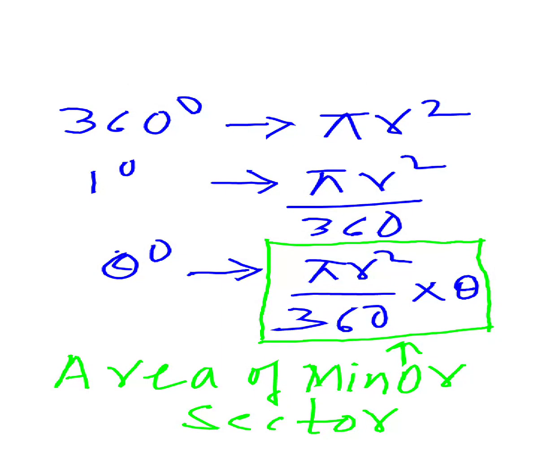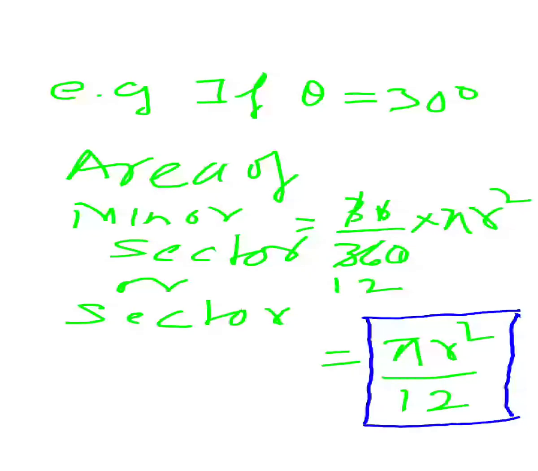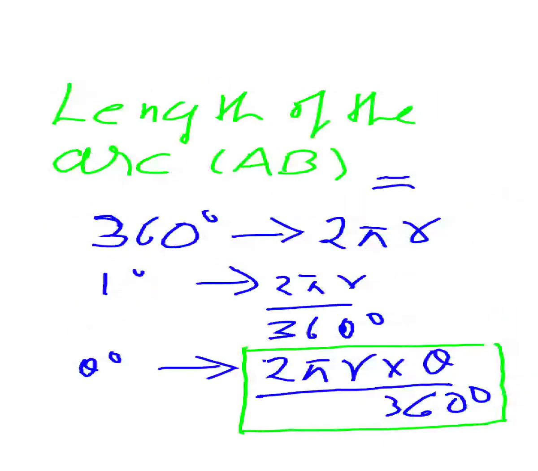This is the area of the minor sector. Similarly, if it is 30, then we have shown pi r square by 12. The length of the arc AB goes the same way: for 360 it is 2 pi r, the whole perimeter. For 1 degree, 2 pi r divided by 360, then for theta, 2 pi r divided by 360 into theta.